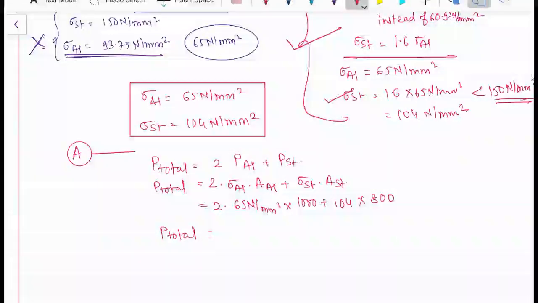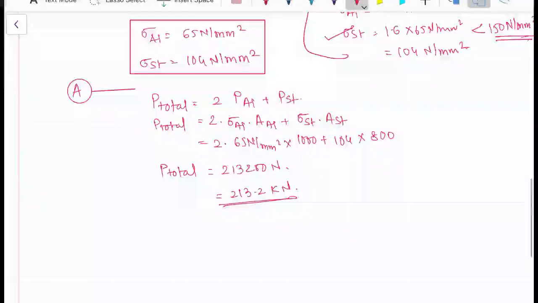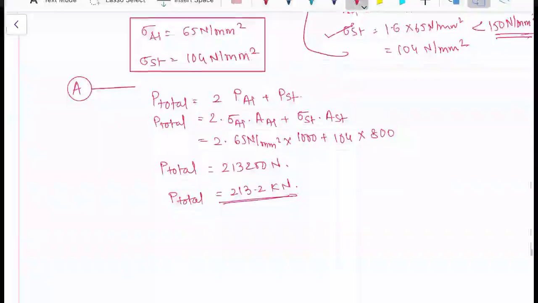So the total load should be equal to 213,200 Newton. So this will be 213.2 kilonewton. So if we take the maximum stress, we can apply the load up to 213 kilonewton.